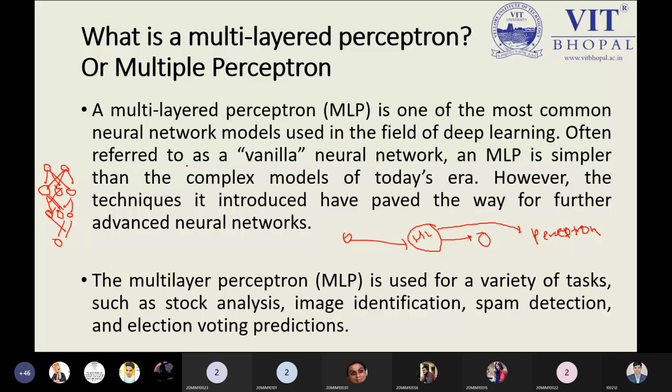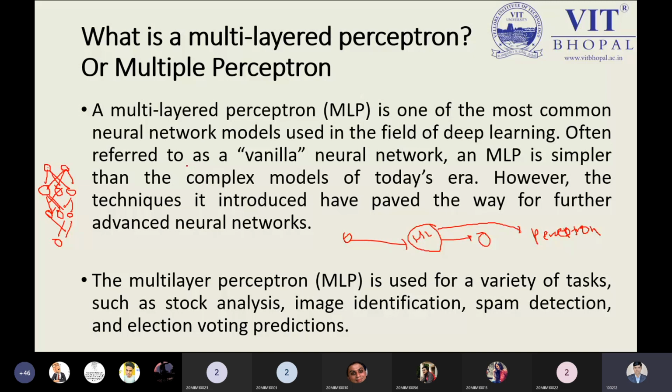Now, have you seen the basic structure of our perceptron, or we can say, have you seen the architecture of the neural network? So this is a simple example. A multi-layer perceptron consists of interconnected neurons transferring information to each other, much like the human brain. Each neuron is assigned a value, and the neural network can be divided into three important layers, as we have discussed many times: input layer, hidden layer, and output layer.